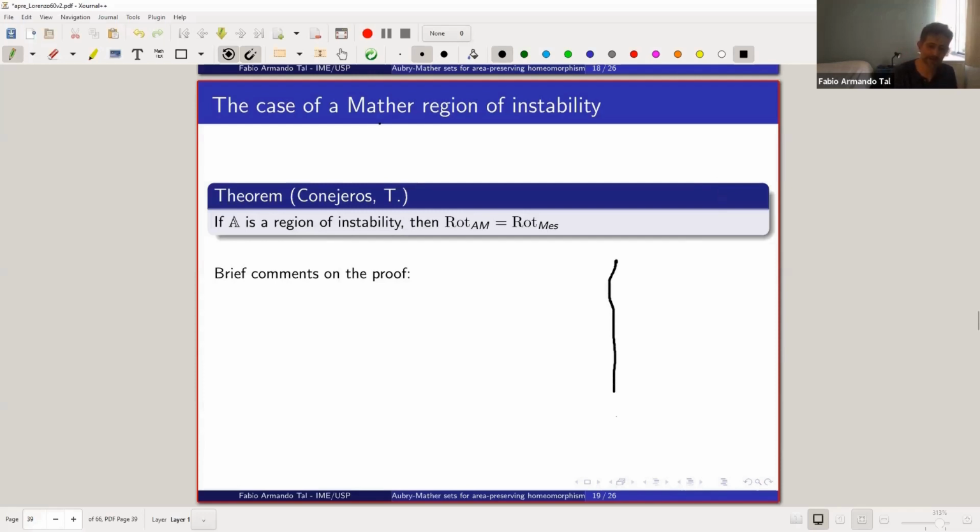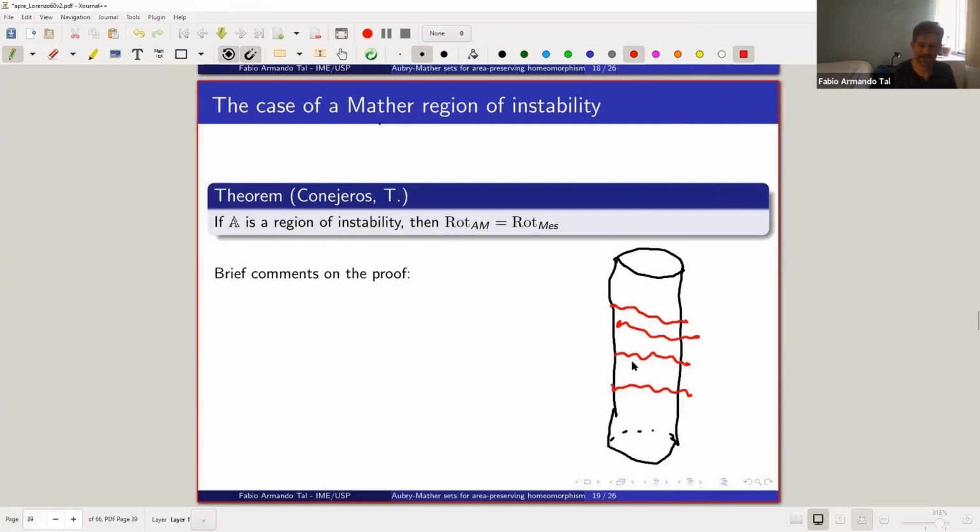If you have an area-preserving homeo of the annulus, sometimes you find some strange continua which break the dynamics, and sometimes this accumulates in something, but in between them, these blue regions are going to be regions of instability.